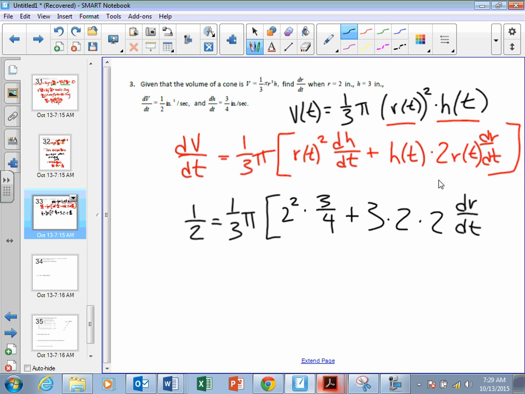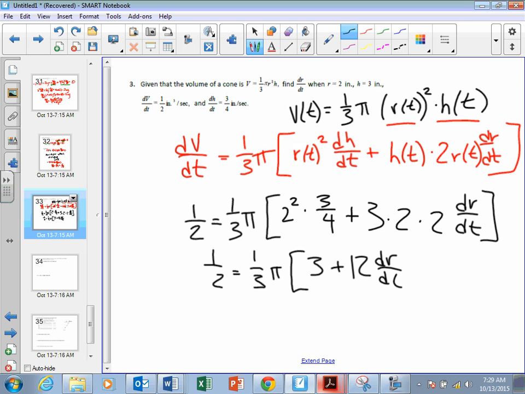Now it's just some simplifying. 1/2 equals 1/3 pi times, well, this is 4 times 3/4, so that gives me 3, plus 3 times 2 is 6, times 2 is 12, 12 dr/dt.